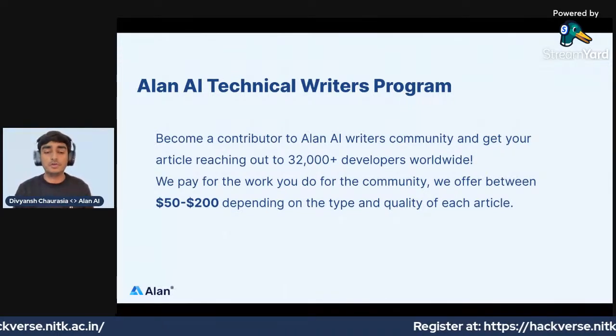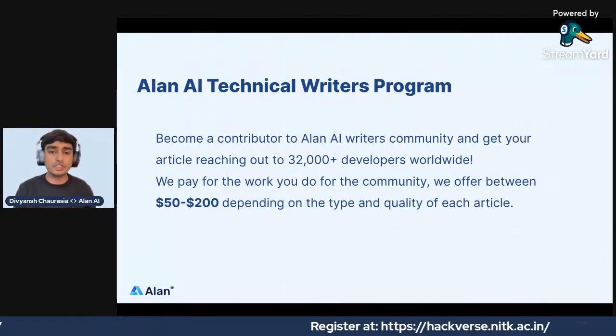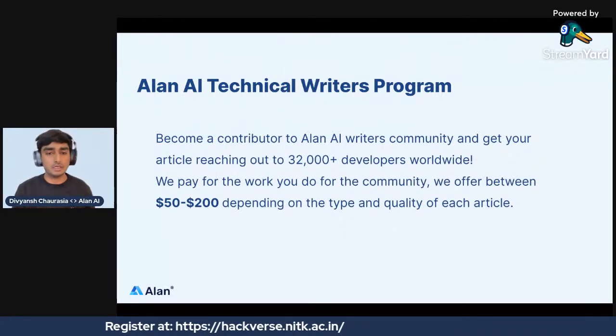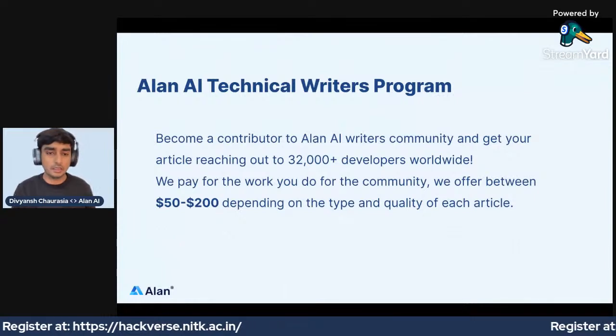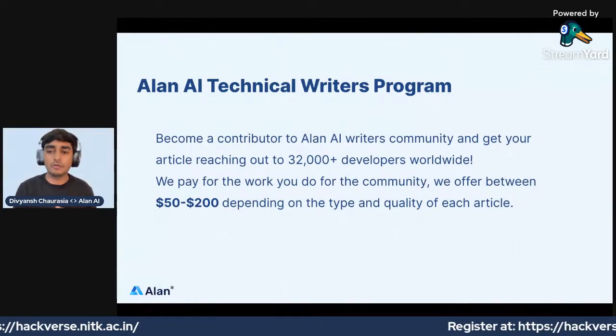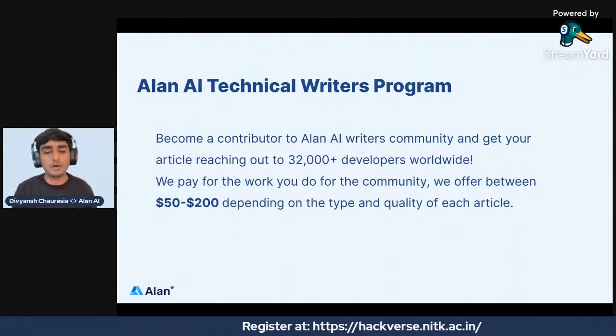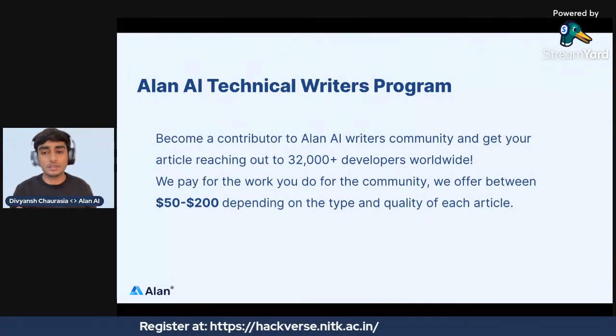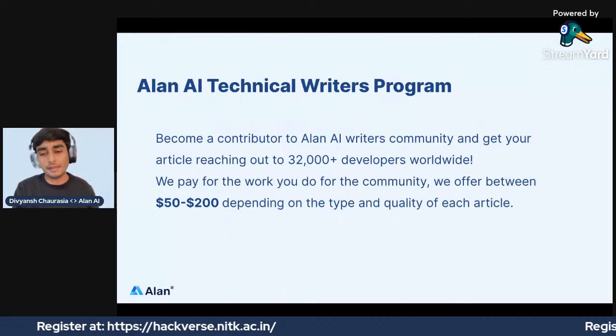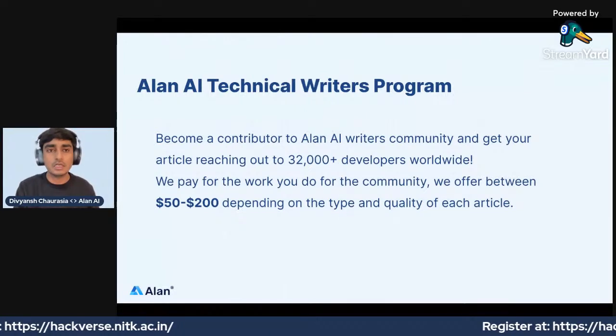We do not ask you for the ownership of that article. We want you to write that for the community, and we pay for the work you do for the community. We offer somewhere between $50 and $200, depending on the type and quality of each article you write for us.